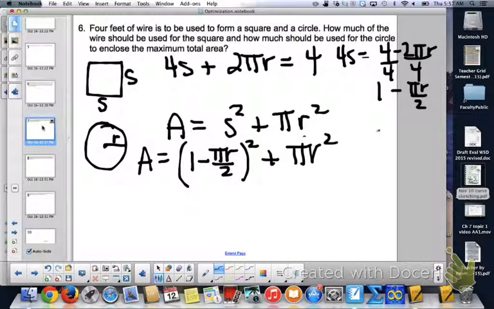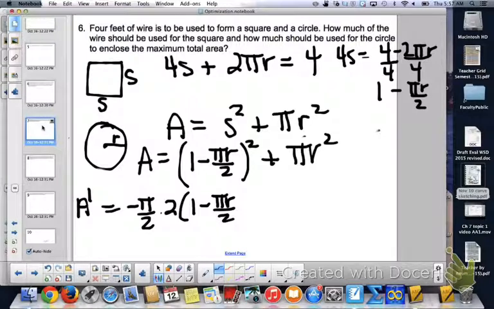Let's use the chain rule when we do the derivative. Not double prime, sorry, so a prime. So the derivative of the inside is negative pi over 2 times the derivative of the outside, which is 2 times 1 minus pi r over 2, plus 2 pi r.